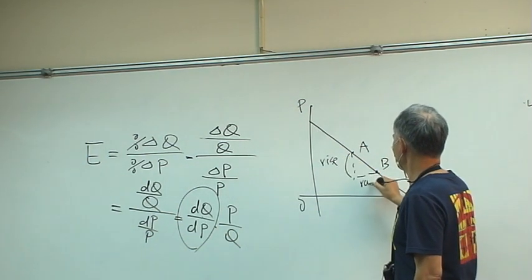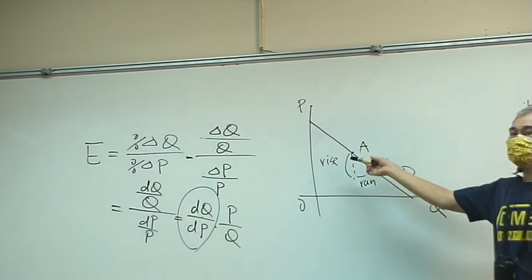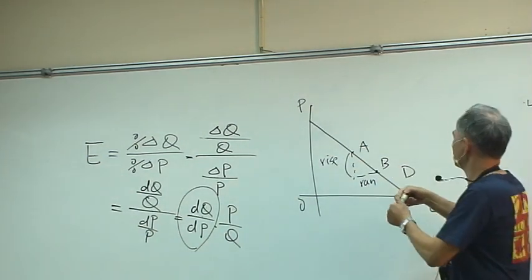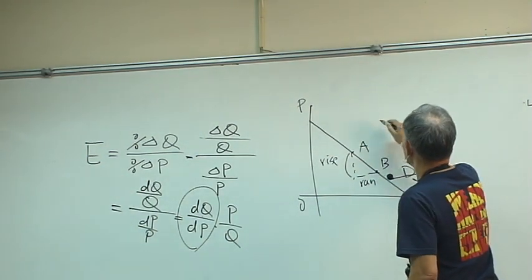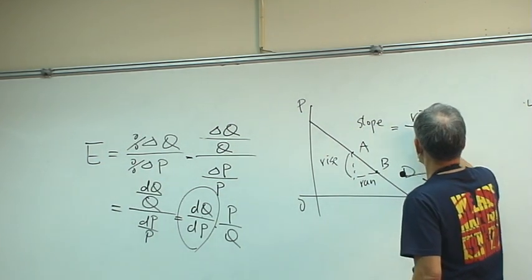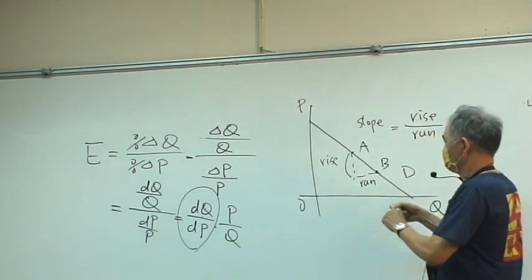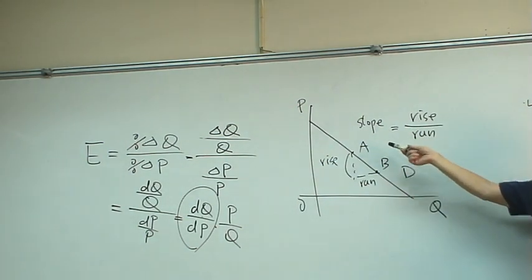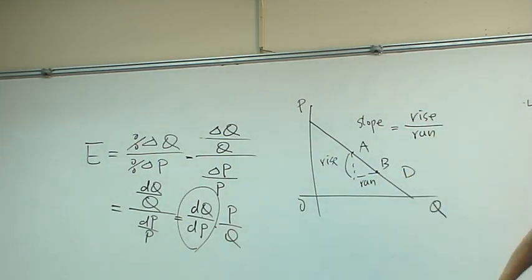Here is called run. Rise over run. That is slope. Slope is rise over run.